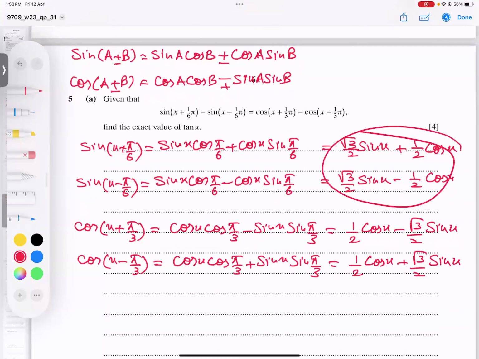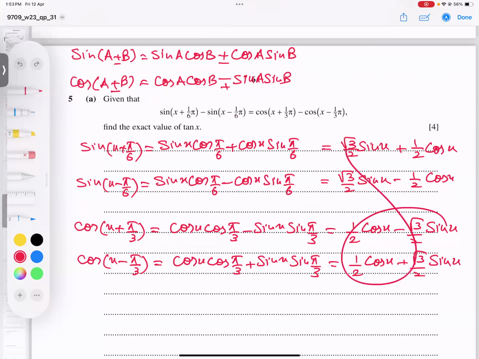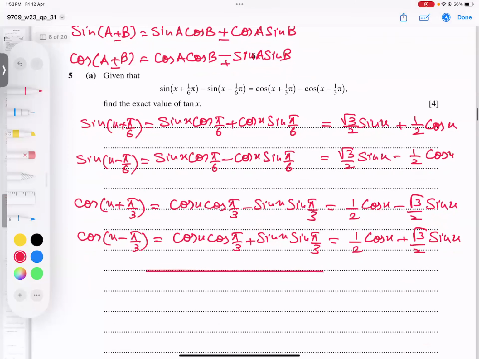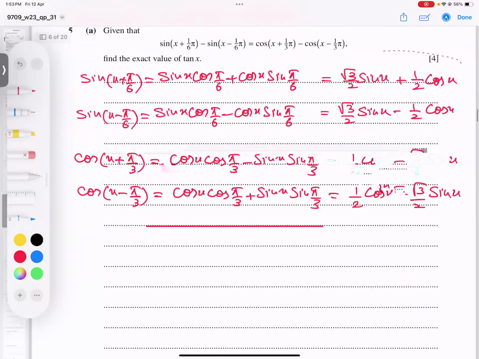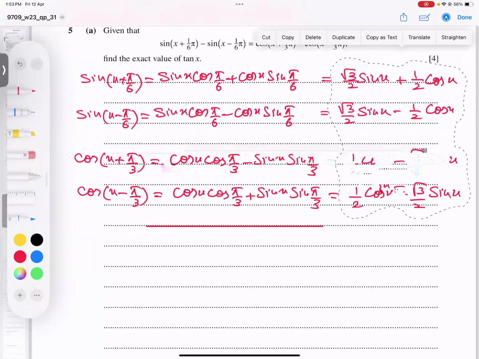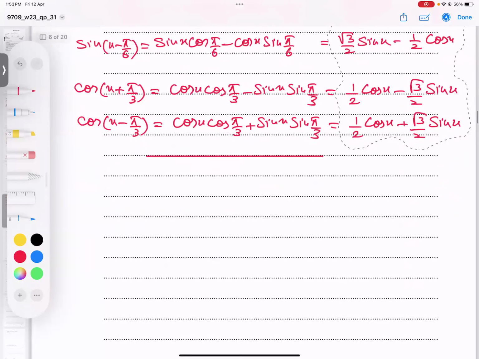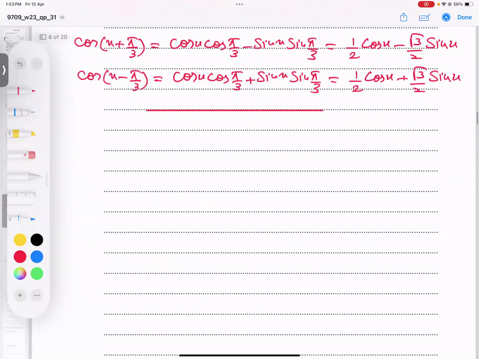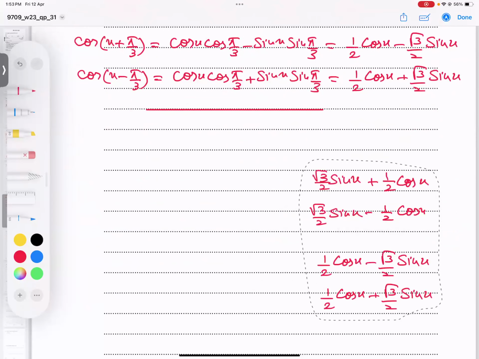These two values are going here, but make sure there's a negative sign in the middle, even here. So I'm putting one in the equation, copying all these equations from here and pasting here.